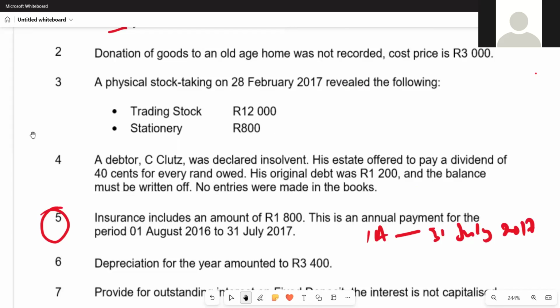Then we go and check again. Remember, we are supposed to check also for trading stock deficit or surplus, but in this case, there is obviously a deficit because there was no space for a surplus according to the other spaces. So to calculate a trading stock deficit, you are going to say your book value minus your physical stock count value.